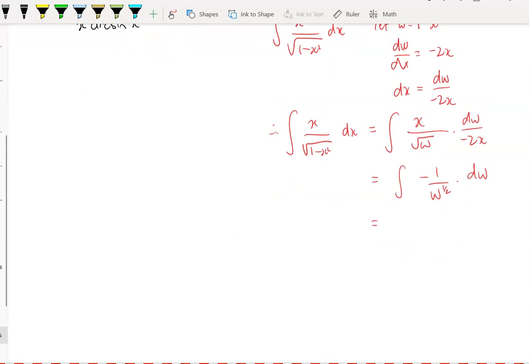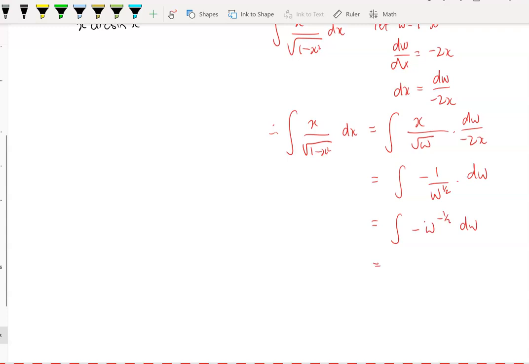let's think this through, so it's going to be negative 1 over 2 times w to the positive half. That's actually not going to be, is it going to be 1 over 2? Let's not rush it. Let's go back, let's not rush it. So it's going to be the integral of negative w to the minus a half dw.